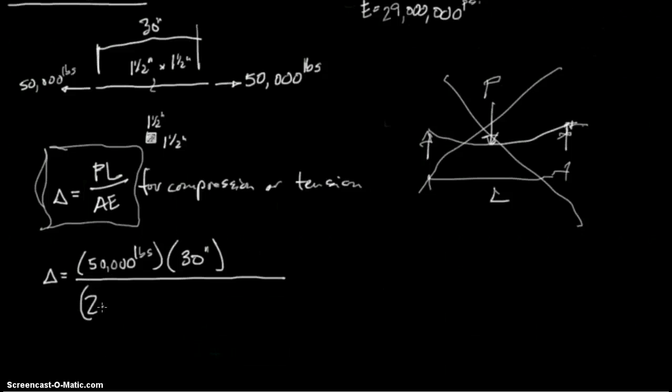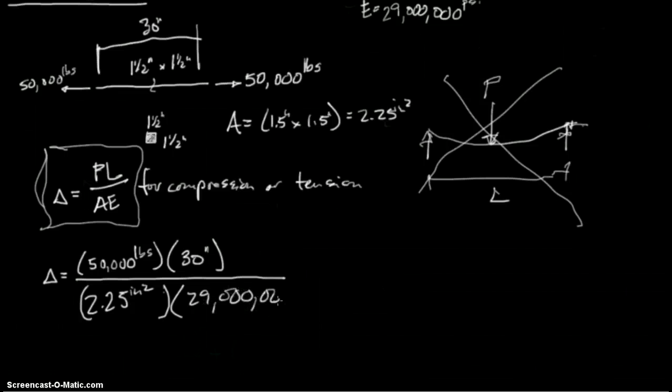The area is, what's 1.5 times 1.5? 2.25. Let's do that right here real quick. The area of this bar is 1.5 inches times 1.5 inches, just so you're not confused where I got that number. And that's A, and then there's E. E is 29 million PSI.